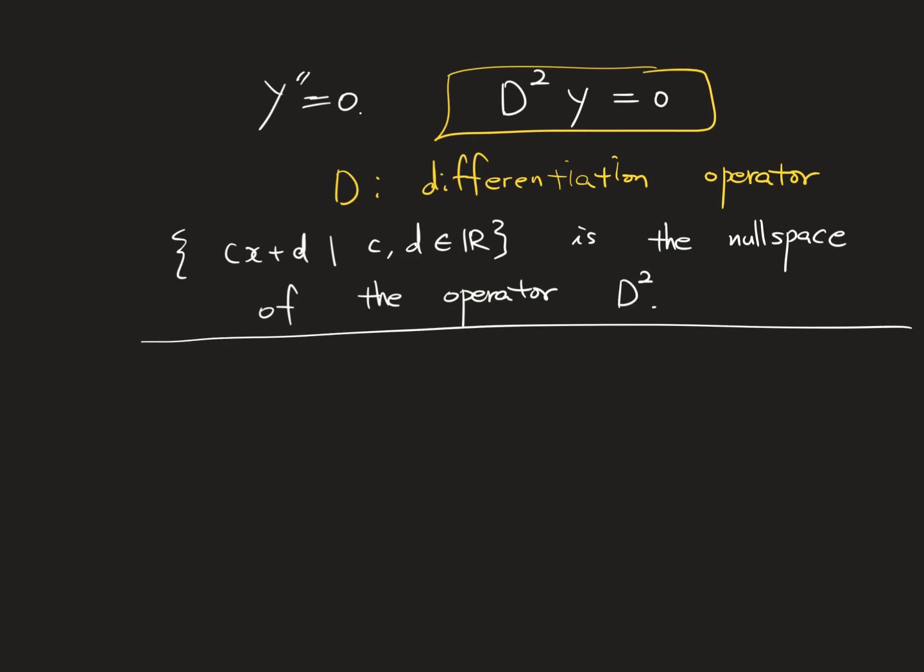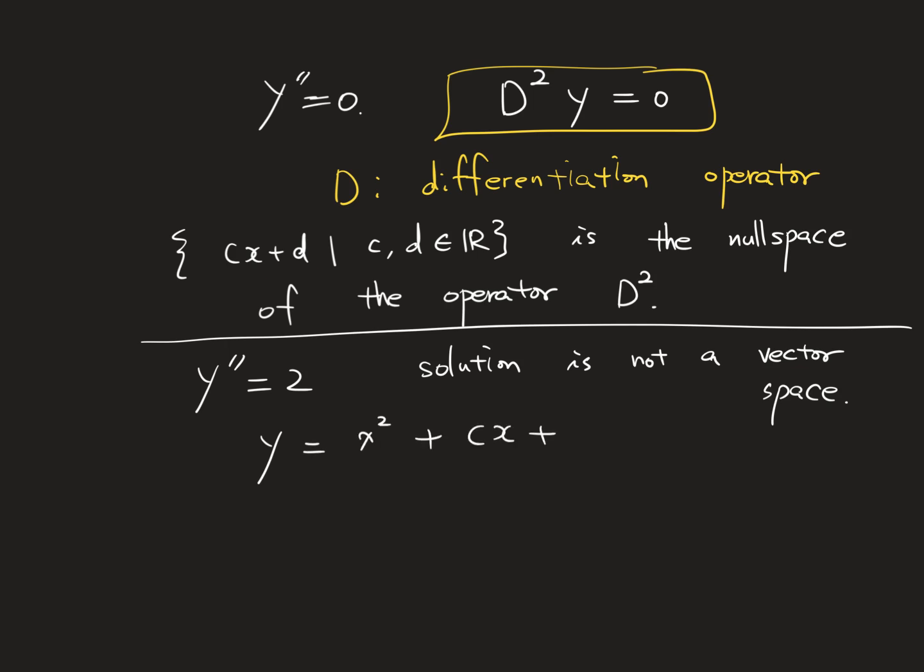As another example, if we have y double prime is equal to 2, then the solution is not a vector space. So we cannot say a solution space, because the solution is not a vector space. The solution of this equation will be y is equal to x squared plus cx plus d. And you can see that structure. Because cx plus d, what is it?